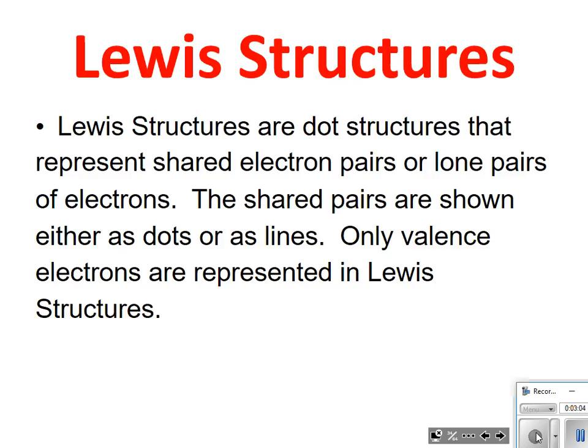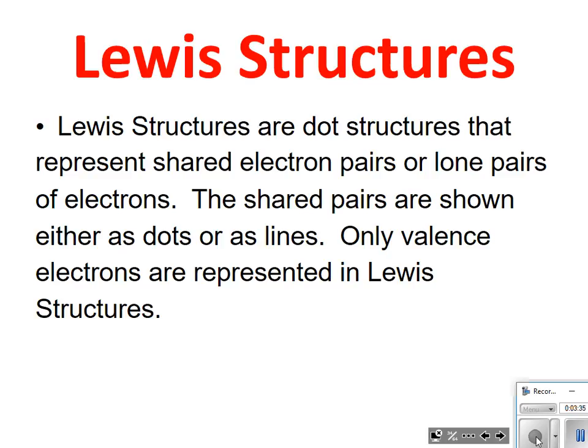All right, today we are going to get into something that we call Lewis structures. I'm going to start off by explaining, coming up here on the board, what is a Lewis structure?